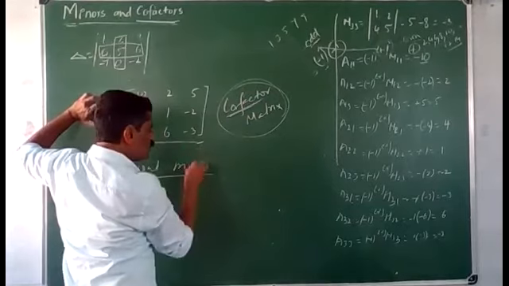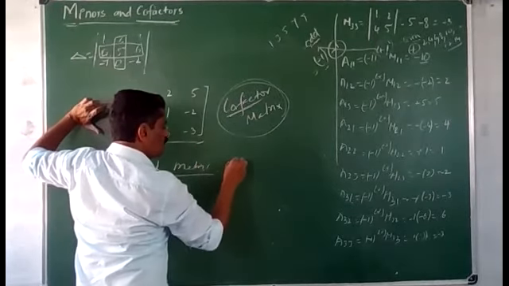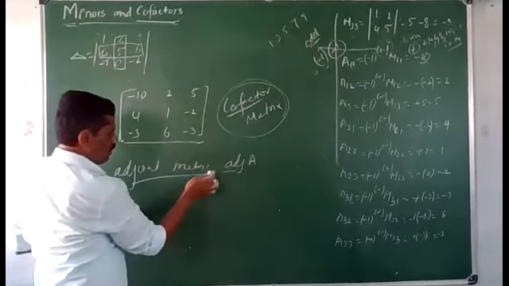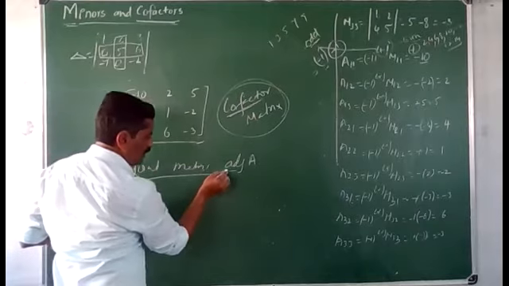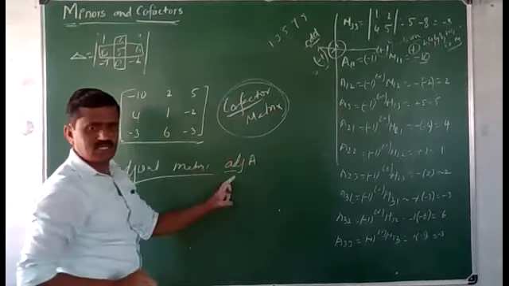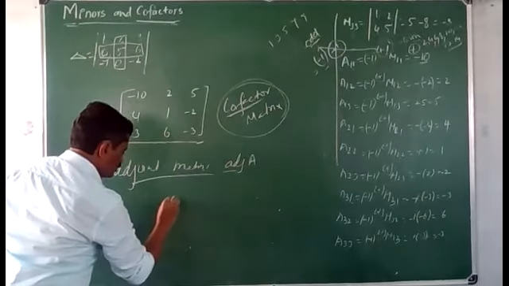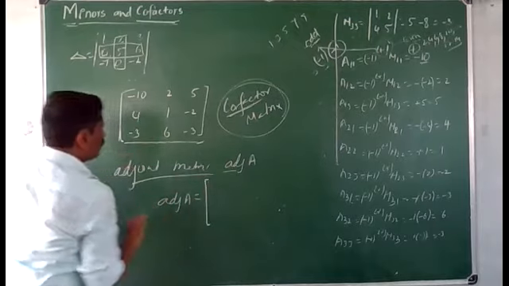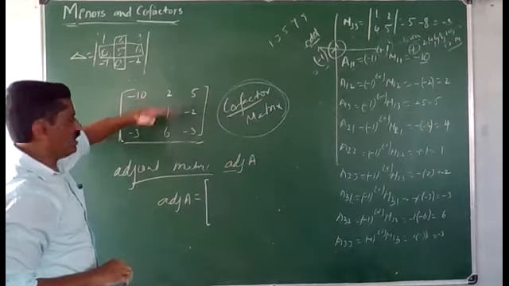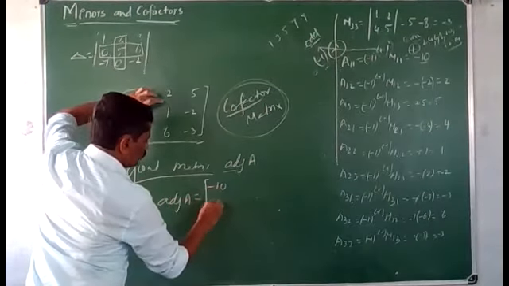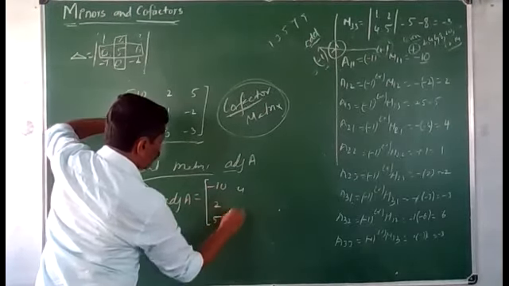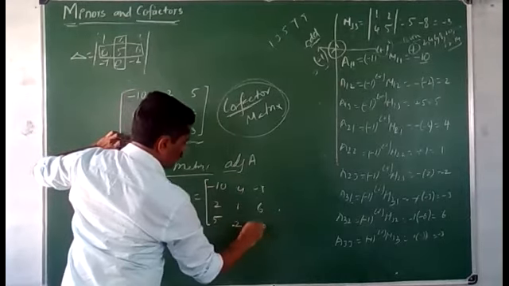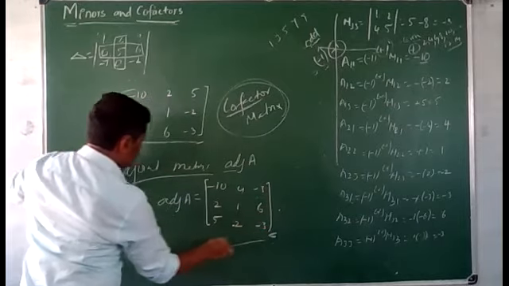Therefore, it is usually denoted by adjoint A, that means adjoint of A. So the adjoint matrix is denoted by ADJ, capital A. Therefore adjoint A is equal to, interchanging the rows and columns, minus 10, 5, 4; 1, minus 2, minus 3; 6, minus 3. So this is the adjoint matrix.